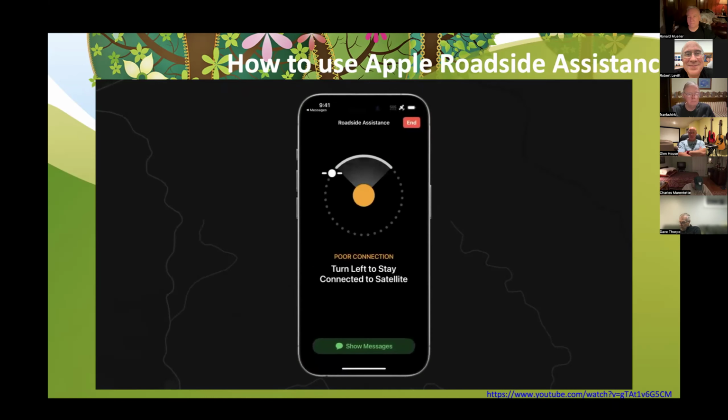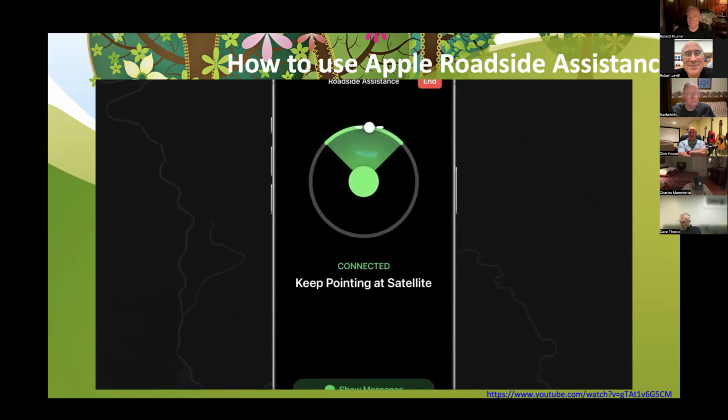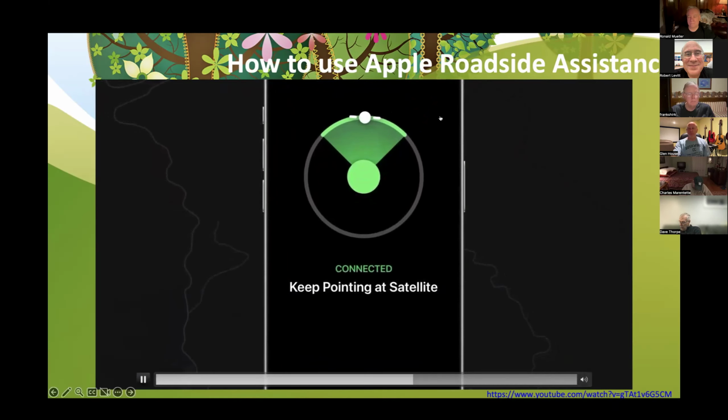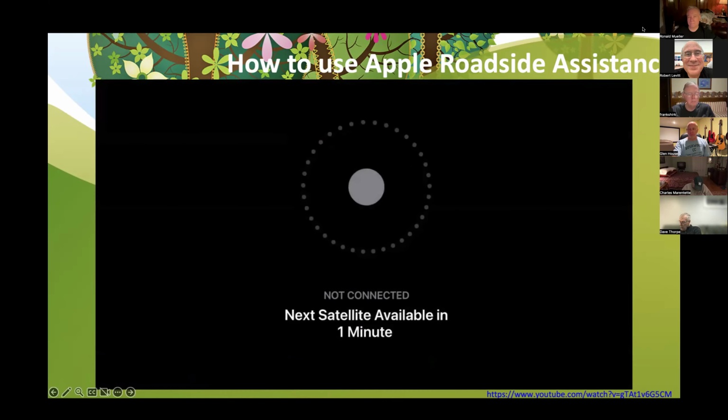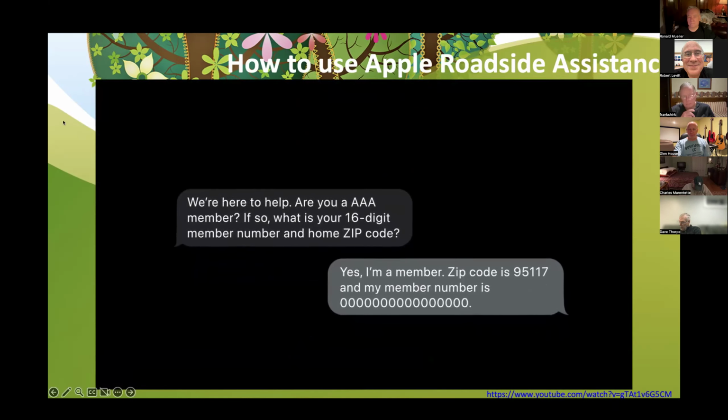Now follow the directions on your screen and move to a location with a clear view of the sky. As the satellite moves, you'll be guided by your iPhone to follow along. There may be gaps in satellite coverage, but you'll be told how long it will be until the next satellite is available. You'll automatically be connected with your roadside assistance provider.